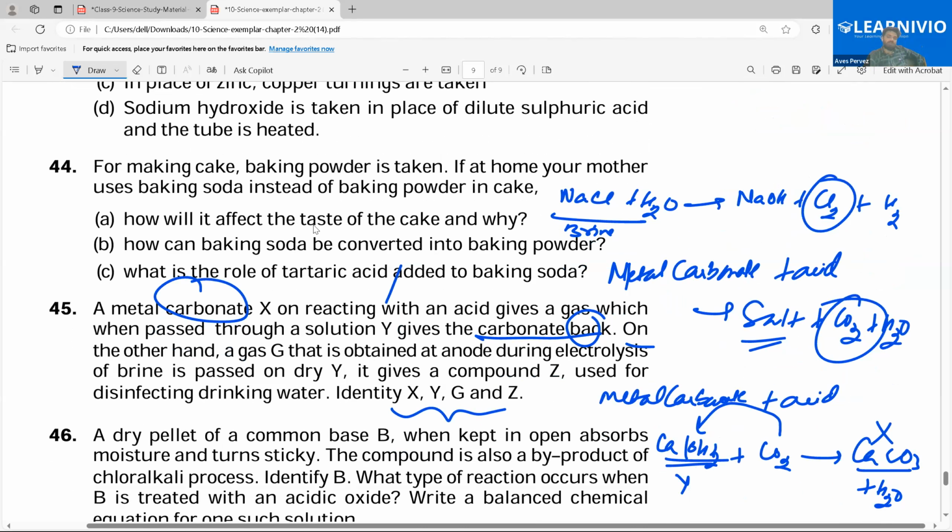So it is saying that when chlorine gas is passed through dry Y. Why is it saying dry Y? What is the difference between dry Y and the solution?